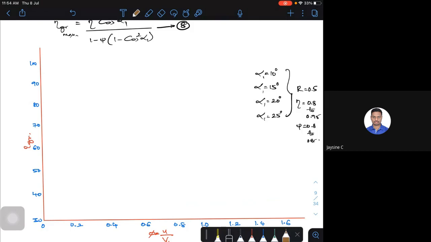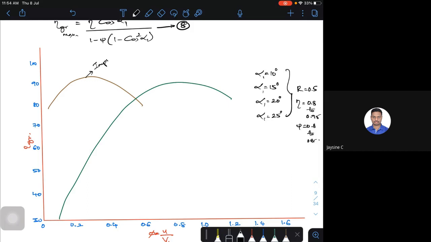This is what you're going to get for a pure impulse turbine, and I want you people to plot it for an impulse reaction turbine as well. What I have shown is the nature of the graph.